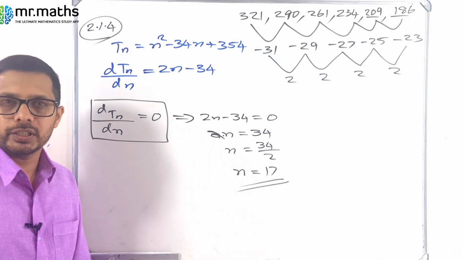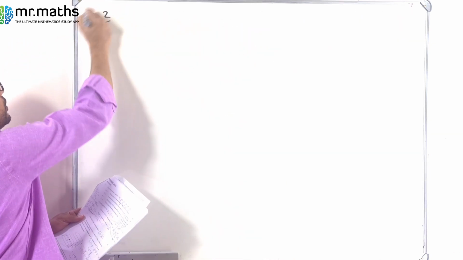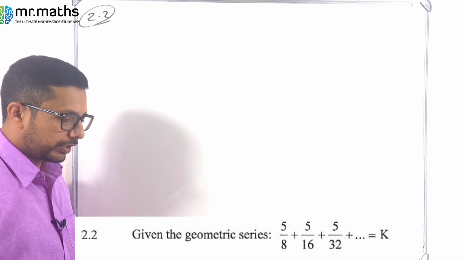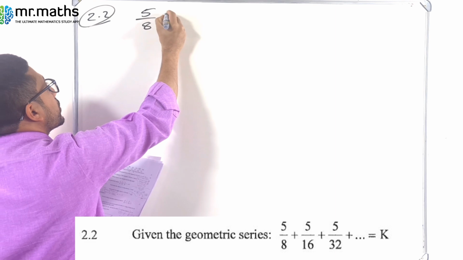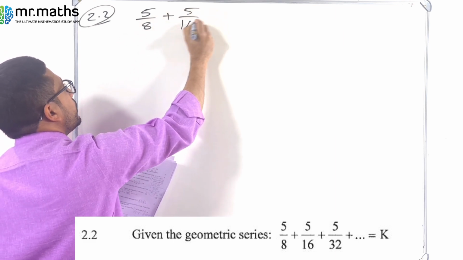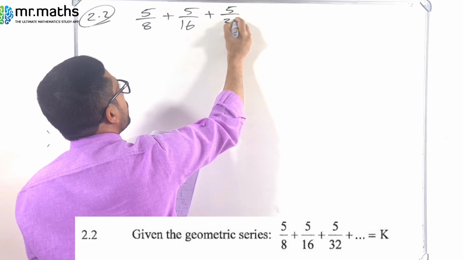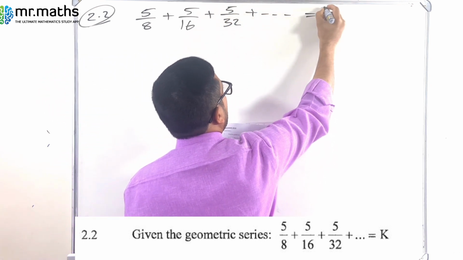Now let's move to the next question, 2.2. What is that question? Given the geometric series 5 over 8 plus 5 over 16 plus 5 over 32 plus etc. is equal to k.